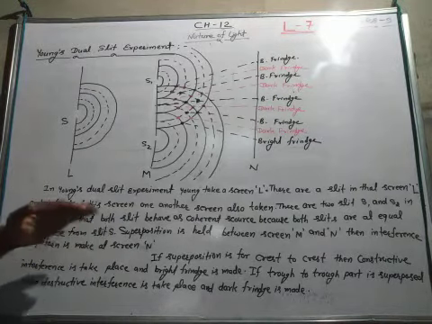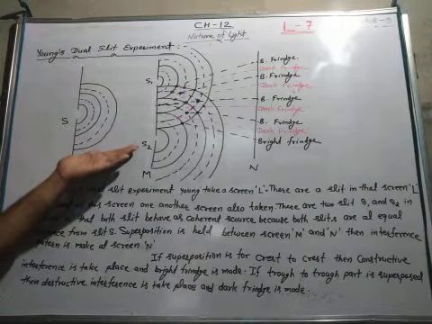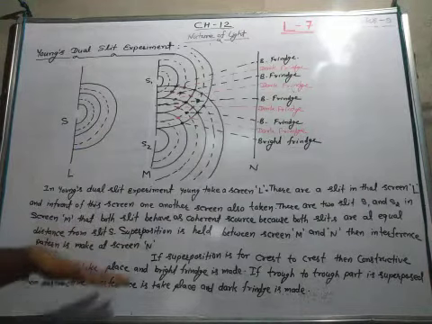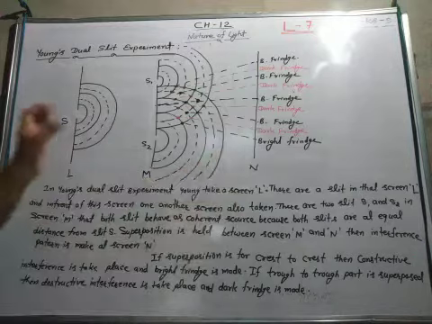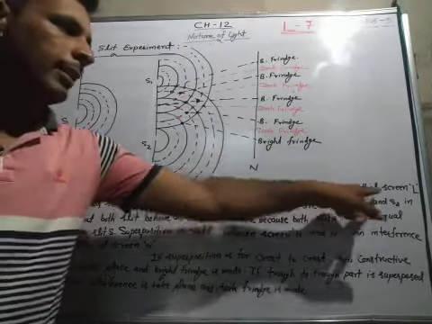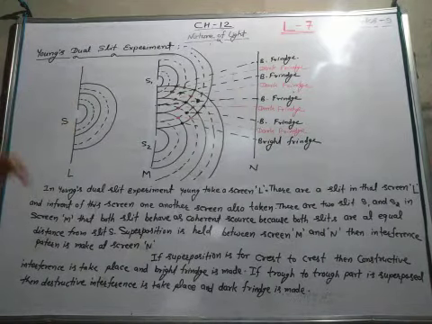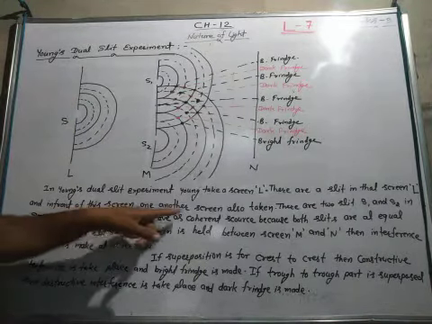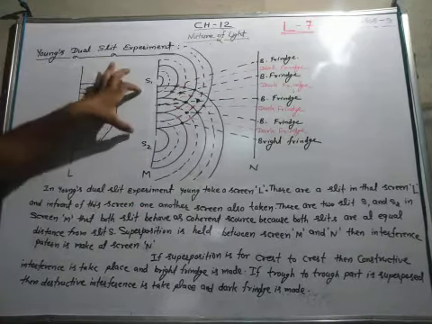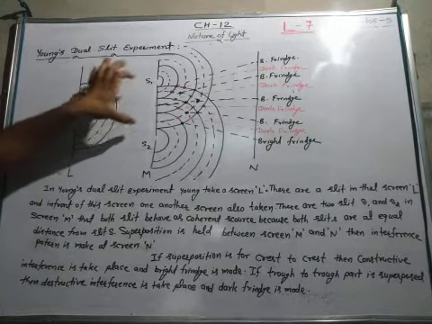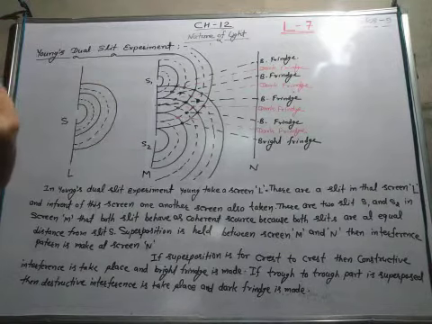In Young's double slit experiment, Young takes a screen L. There is a slit in screen L. In front of this screen, another screen M is taken. There are two slits, S1 and S2, in this screen M, and both slits behave as coherent sources.